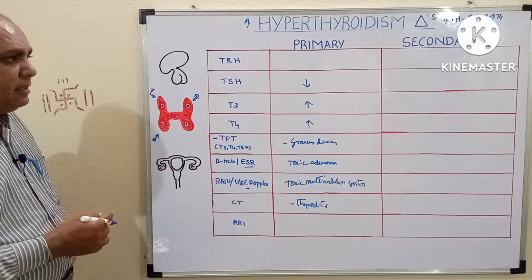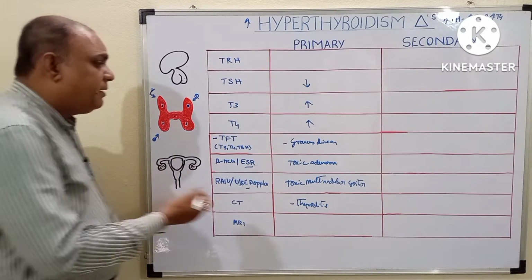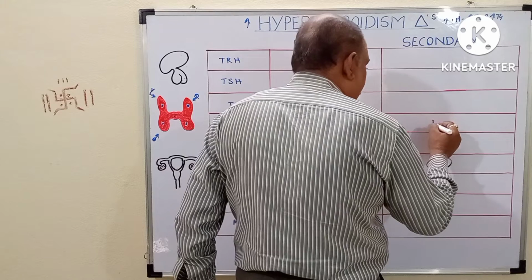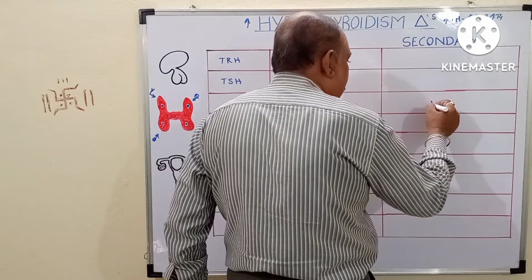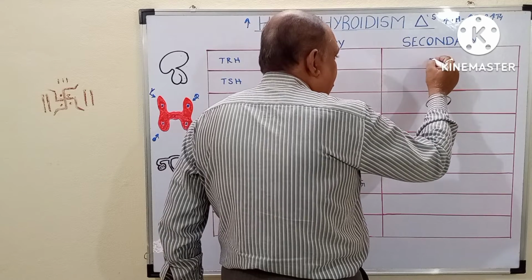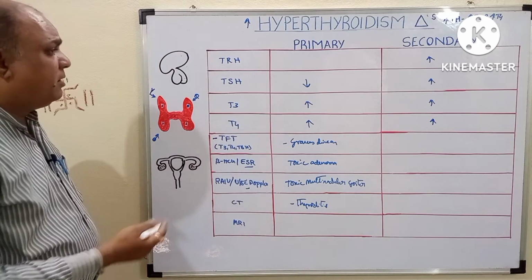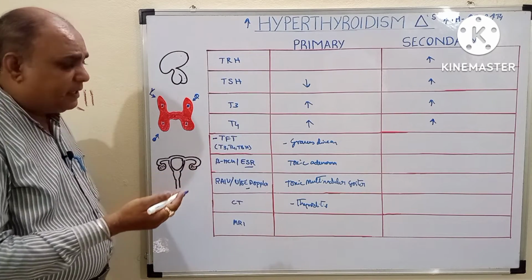Now let's see the secondary hyperthyroidism. In secondary hyperthyroidism, we can see the elevated levels of T3, T4 and TSH, in some cases TRH also. Then what can be the primary causes for secondary hyperthyroidism?